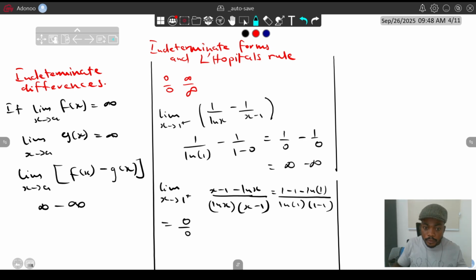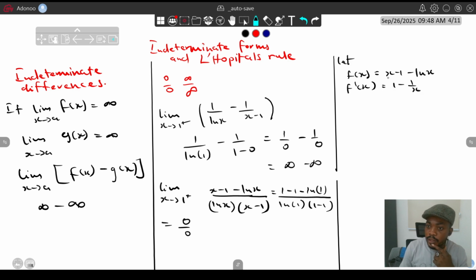So we can let f of x be equal to x minus 1 minus ln x. Then f prime of x will be equal to 1 minus 1 over x, right? Because the derivative of x is 1, the derivative of the constant is 0, and the derivative of ln x is 1 over x.